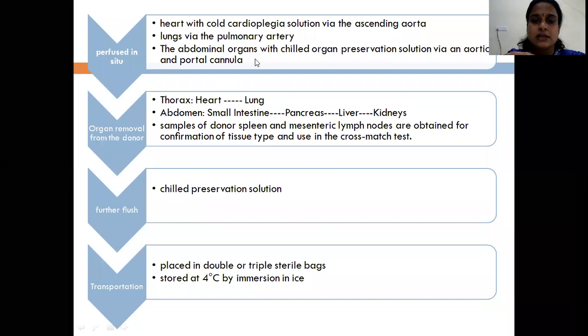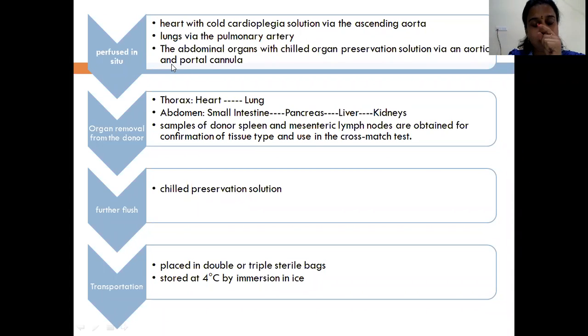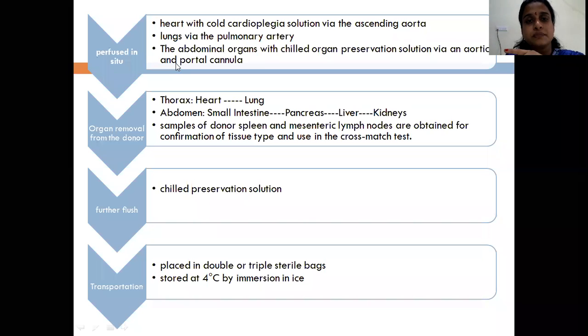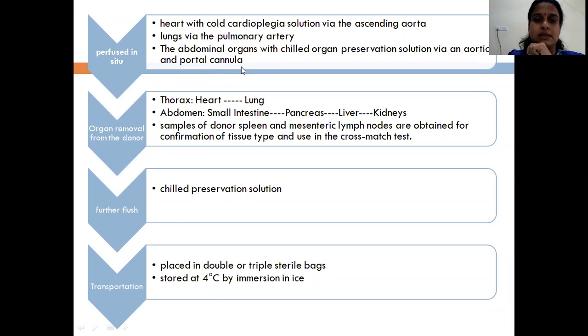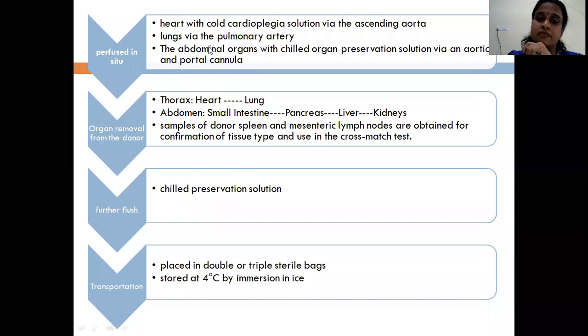For the abdominal organs, a chilled organ preservation solution is given via the abdominal aorta or the portal vein, mainly the portal vein for the liver. They are cannulated. This is how the organs are perfused in situ, even before dissection or removal from the body.